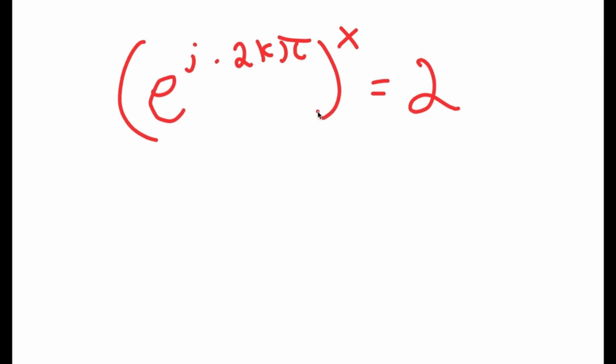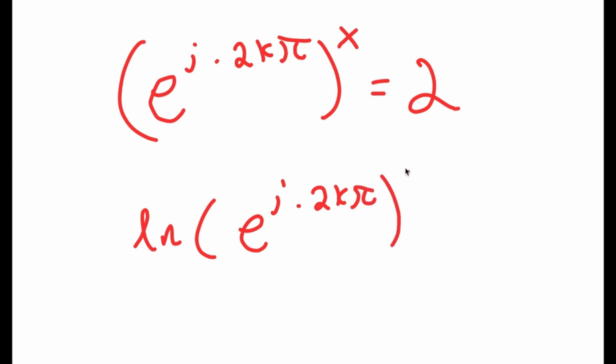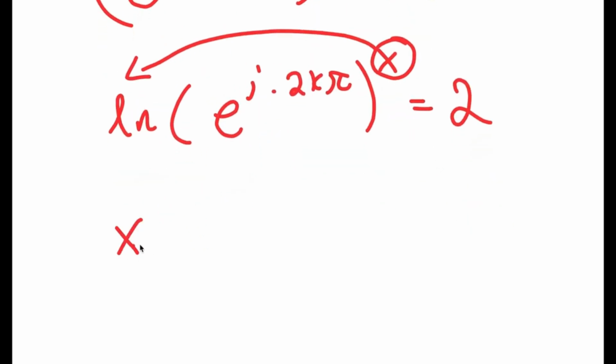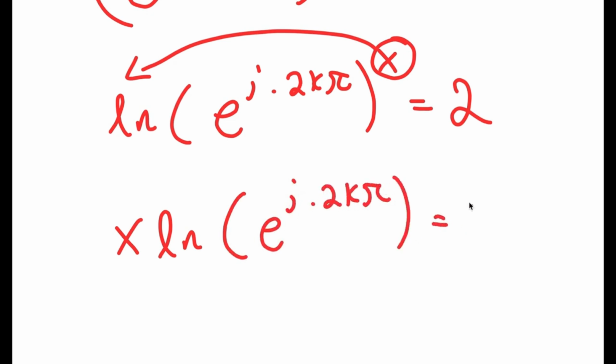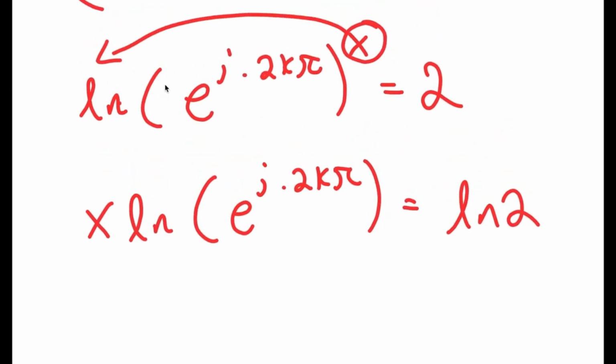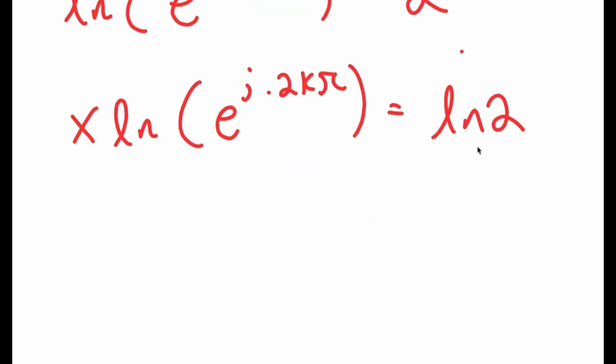So I have basically 1 to the power of x equals 2. And now with this, I'm going to take the ln or natural log on both sides. So I have ln of e to the power of i times 2k pi, to the power of x, is equal to ln of 2. So I'm going to now bring this x down using a property of natural logarithms. So I get x times ln e to the power of i times 2k pi is equal to ln of 2, because if you take ln on one side, you have to do the other side.